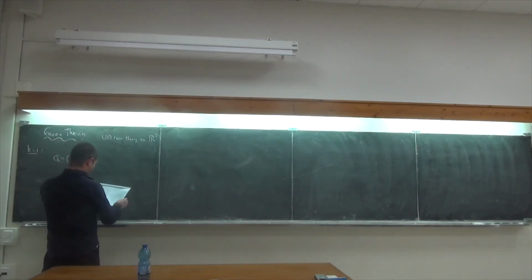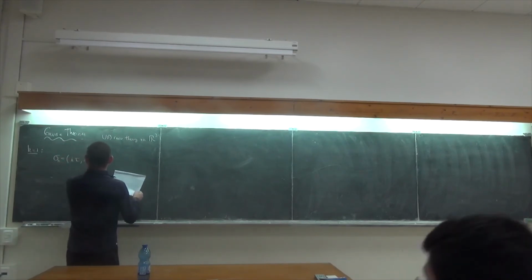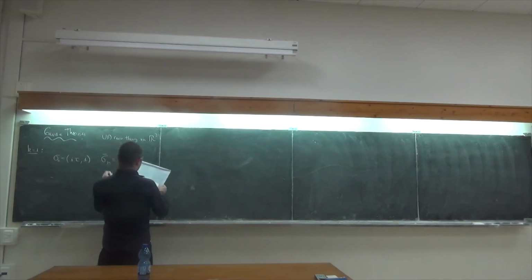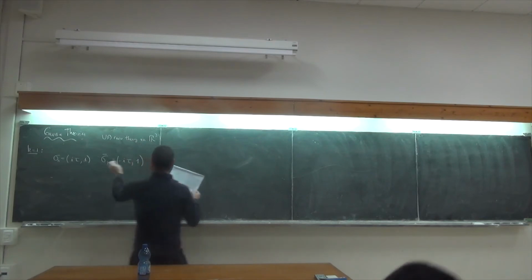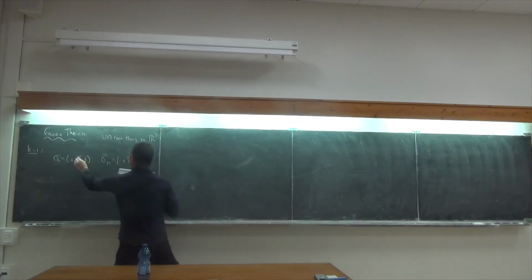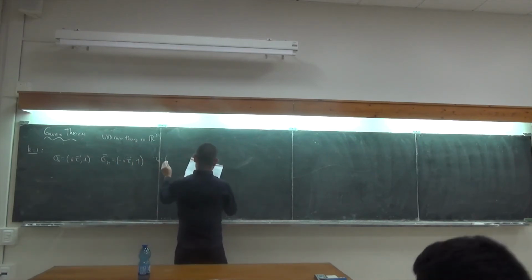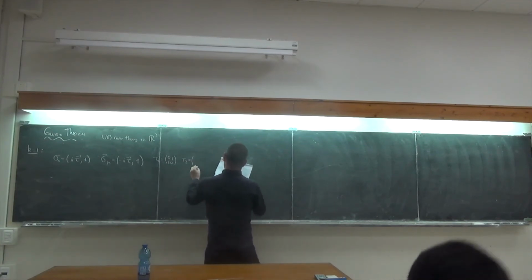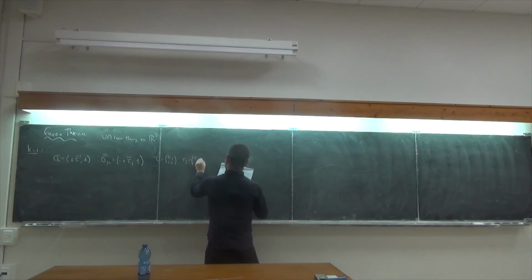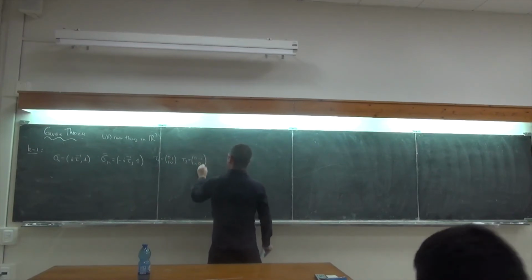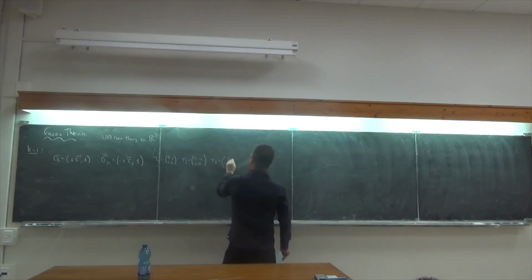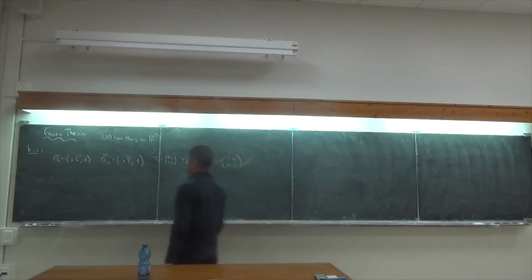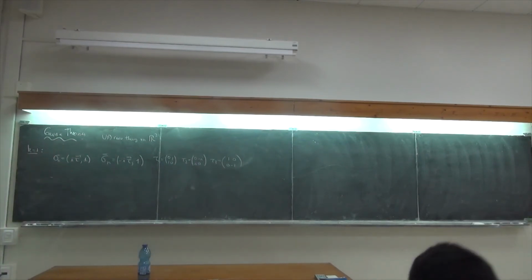Sigma m, I define as I tau 1, sigma bar n is minus I tau 1, and tau are the following matrices. Okay, these are the Dirac matrices.